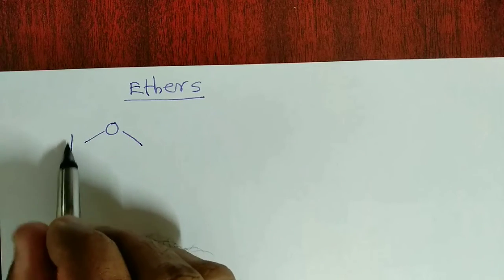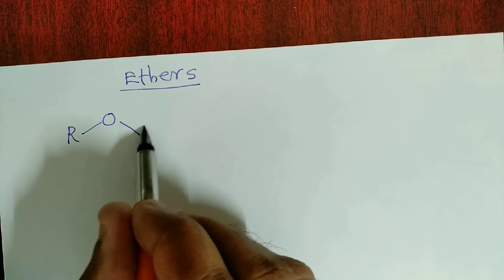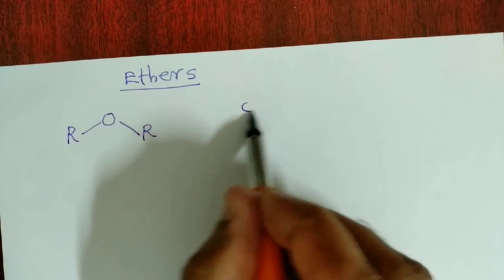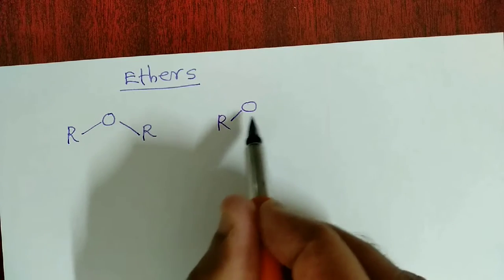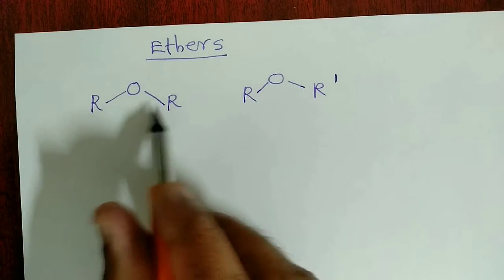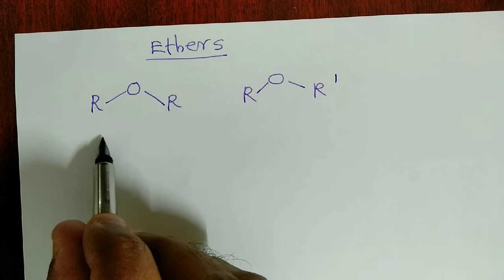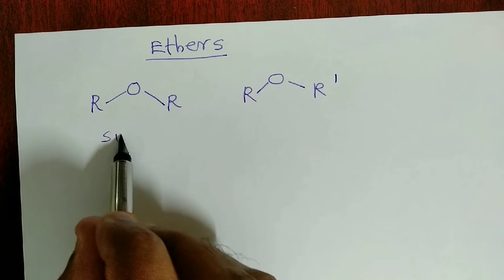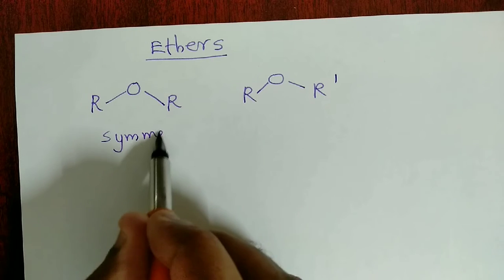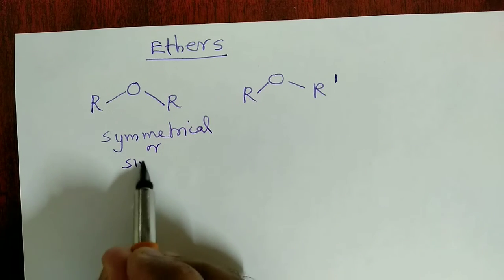Depending upon the nature of groups bonded to oxygen atom, they are classified into two types. If both groups bonded to oxygen atom are identical, they are called simple ethers or symmetrical ethers.